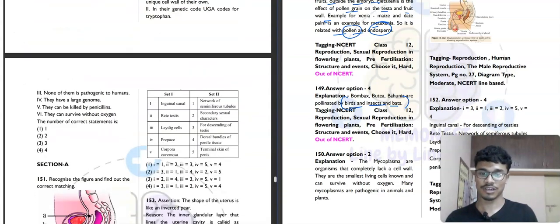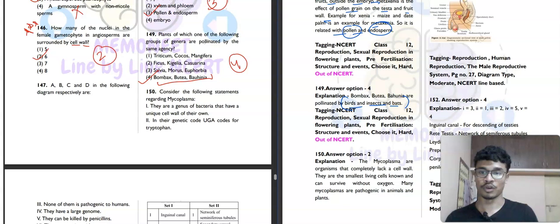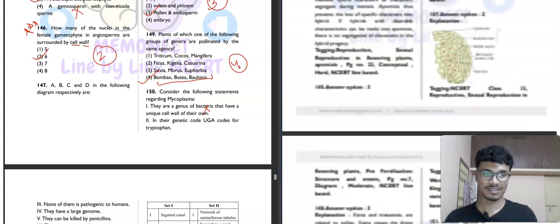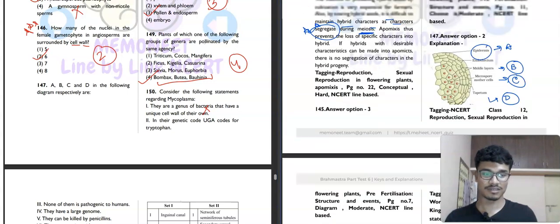Then the last question of this discussion of botany. Consider the following statements regarding mycoplasma. They are a genus of bacteria that have a unique cell wall of their own. They don't have any cell wall, you know that. Then in their genetic code UGA codes for tryptophan.